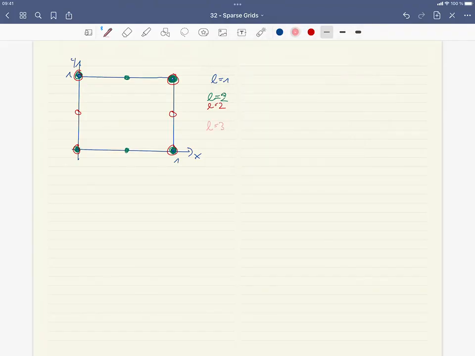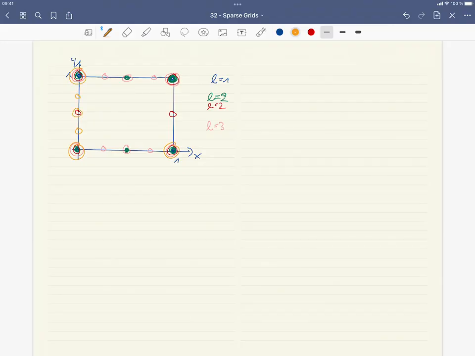L equals 3. So I get 3, 1. So on the x-axis, I get those points now. And on the y-axis, I get the level 1. So taking all pairs, I get those points. This was 3, 1. Now I can do 1, 3, which is this point here, and now I get these points here.